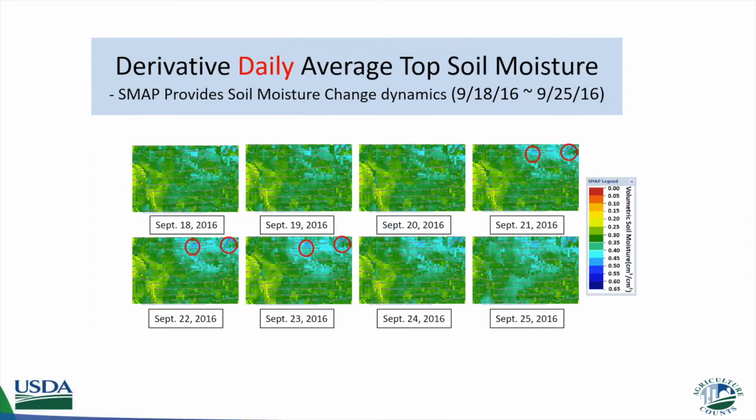Here is an example of the daily average topsoil moisture data. You will see that the moisture level changes every day. In some places you can see here that on September 21st, a rain event developed on the top right corner of Iowa, so the moisture level changes.